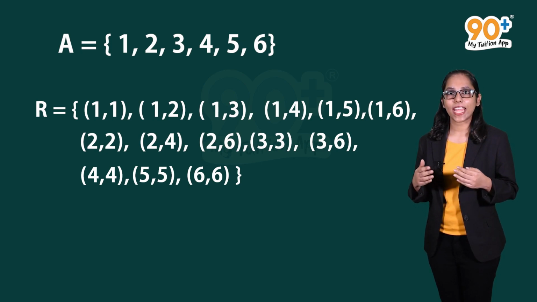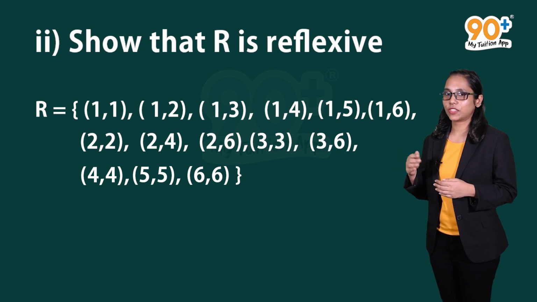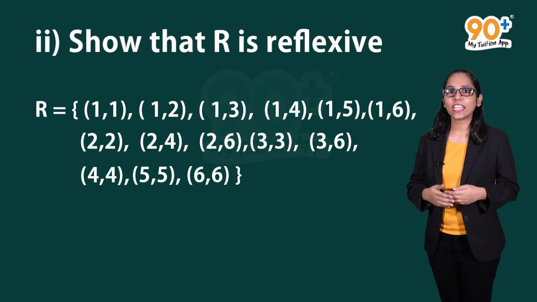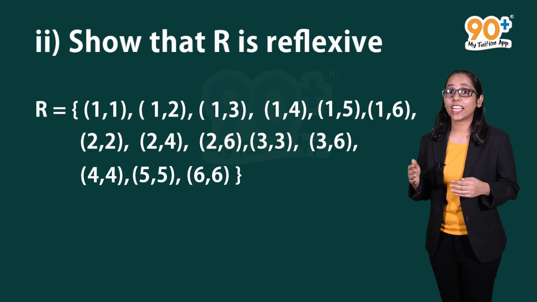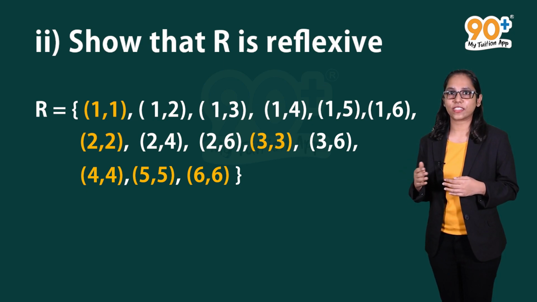So moving on to the next sub-question, that is whether R is reflexive. By seeing the elements of R, we can clearly see that ordered pairs (1, 1), (2, 2), (3, 3), (4, 4), (5, 5) and (6, 6) are elements of the set R. That is, R is reflexive.